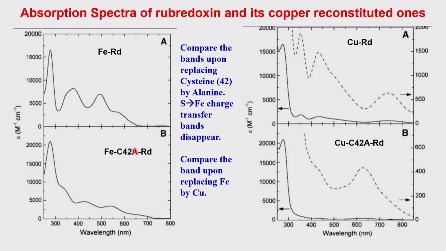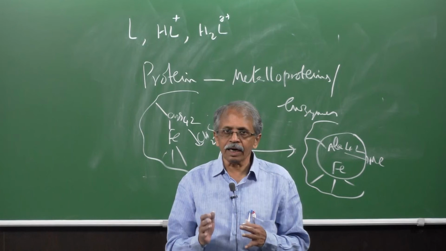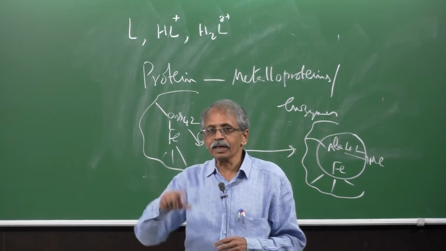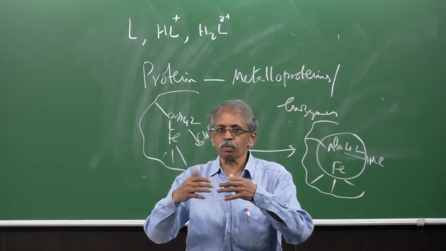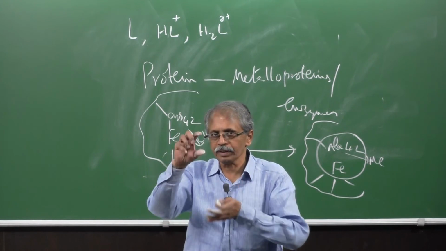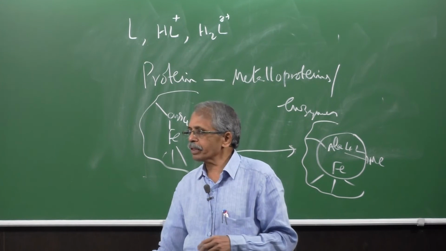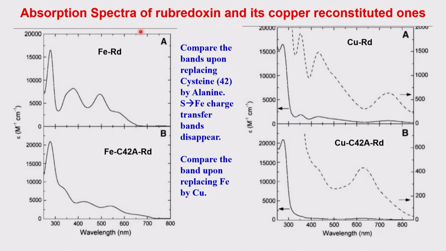Look at another example of this using a different metal center. The original metal center is iron in the rubredoxin, but iron can also be replaced by copper. You take the rubredoxin protein from the plant source into a test tube and replace the iron by copper. You don't need to worry how it is done; there are methods by which one can do it, so let's assume that people have done it. Then you can see the absorption spectrum comes to this.